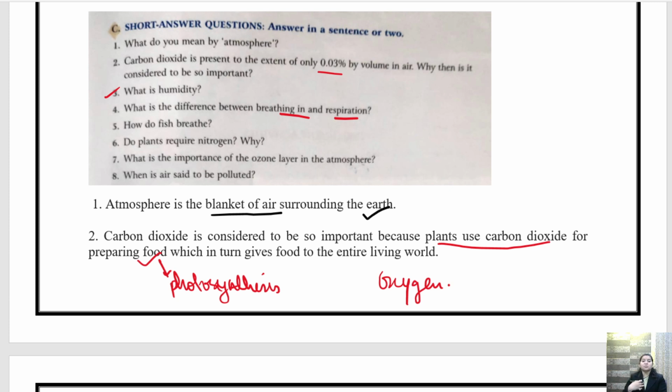Respiration includes the production of energy. We breathe in oxygen, oxygen is utilized in our body, that produces energy, and then we exhale out carbon dioxide. So this complete process of inhaling, producing energy, and then exhaling out carbon dioxide is known as respiration. This is the difference between the two.